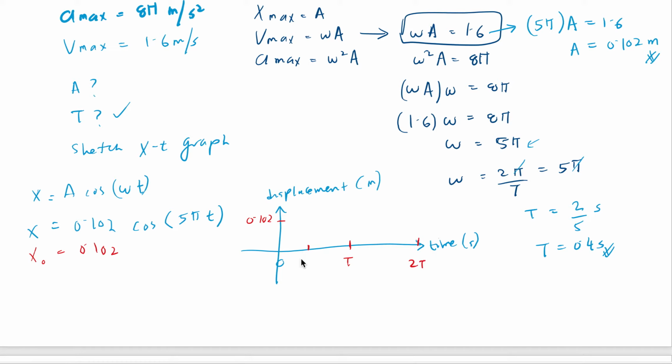This is 1 over 2t, and this is 3 over 2t. So one cycle, or one wavelength, is t. And if the positive amplitude is 0.102, my negative amplitude should be negative 0.102.